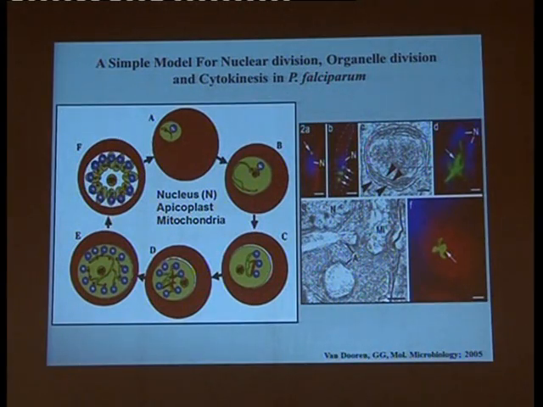What is happening is there is a nucleus initially, and then there are 2 organelles called the apicoplast as well as the mitochondria. The nucleus keeps on dividing, contrary to normal eukaryotic cells, where each nuclear division is followed by cytokinesis.